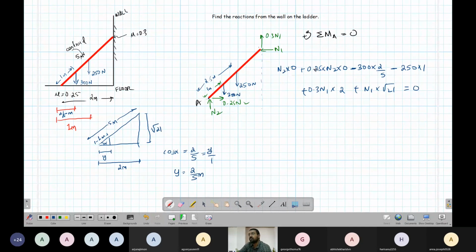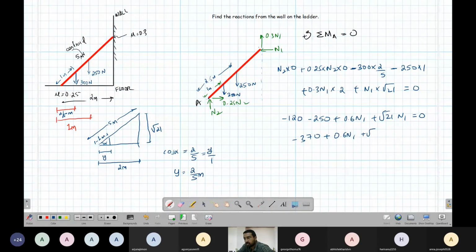Equal to 0. Okay, so here, 300 into 2 by 5 is 120, minus 120. Minus 250 plus 0.6 N1 plus root 21 N1 equal to 0.